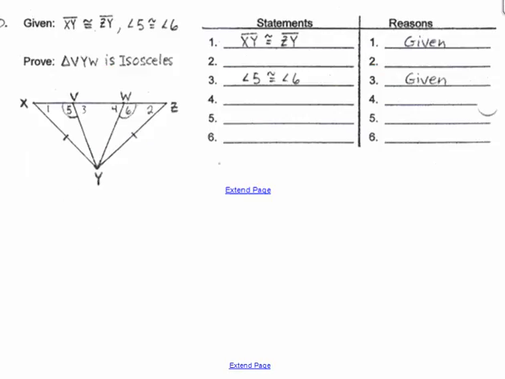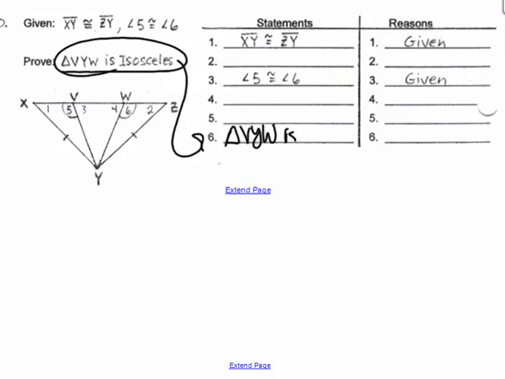All right, our final problem, write what you need to prove. Triangle VYW is isosceles. Right, so here we have XY is congruent to YZ, right?